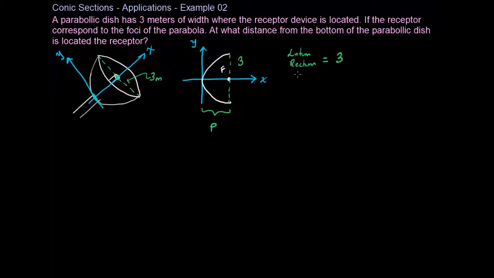Now, we know that 4 times p would be equal to, in this case, 3, which is the length of the latus rectum. Now here comes the thing, because formally we have to write these 2 bars that stand for absolute value. That is to say, if we have a negative value for p, this will turn into a positive value in the result, just for purposes of working with the algebra.